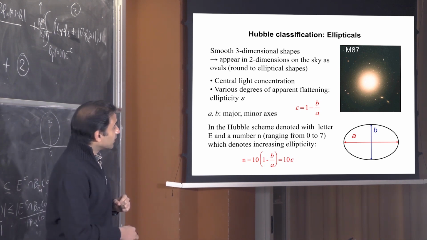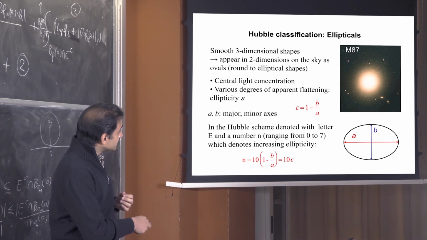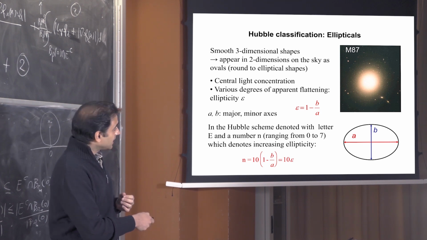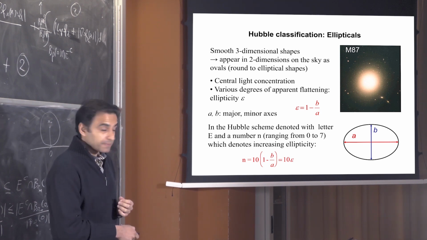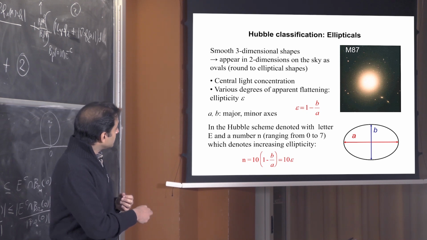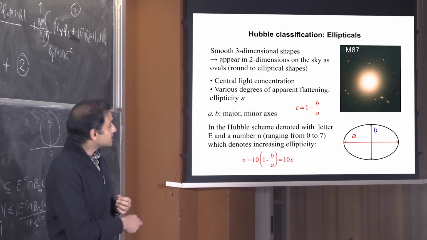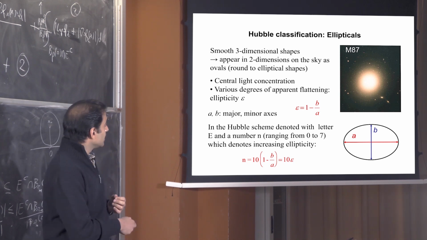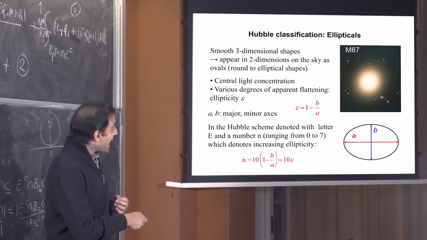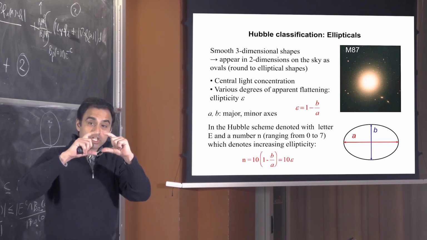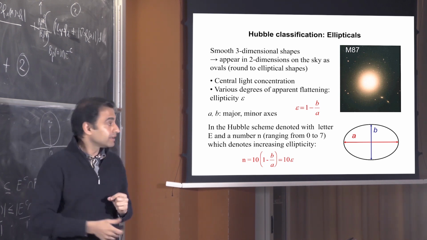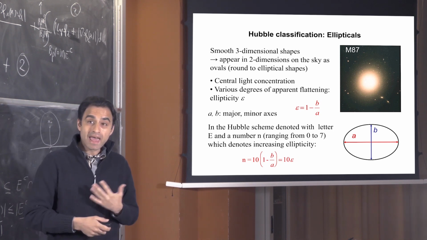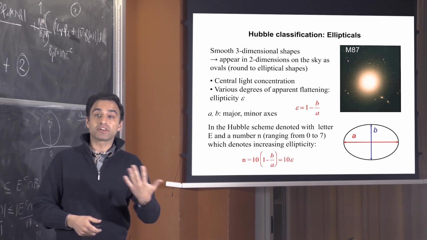So let me give you an overview of this. You can see over here this is an ellipse characterized by a semi-major axis A and a semi-minor axis B. And then you have this epsilon over here, which is equal to 1 minus the ratio between semi-minor and semi-major axis. Now, according to the type of shape of the ellipse on the plane of the sky, this ellipticity will naturally have different values.